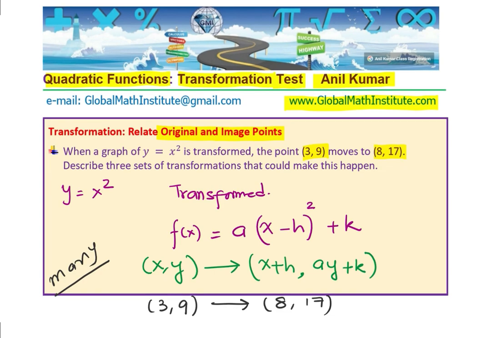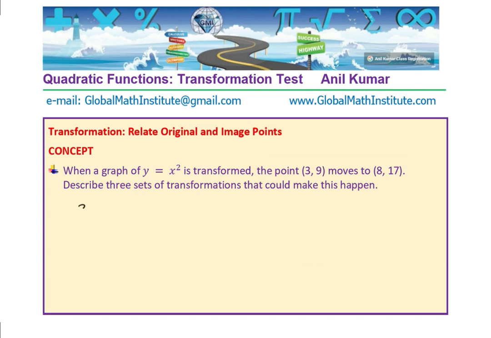Once again, what we are given here are the coordinate points (3, 9), which are transformed into (8, 17). We need to figure out what kind of transformation could take place. As I was saying, the general formula will be f of x equals a times (x minus h) whole squared plus k.